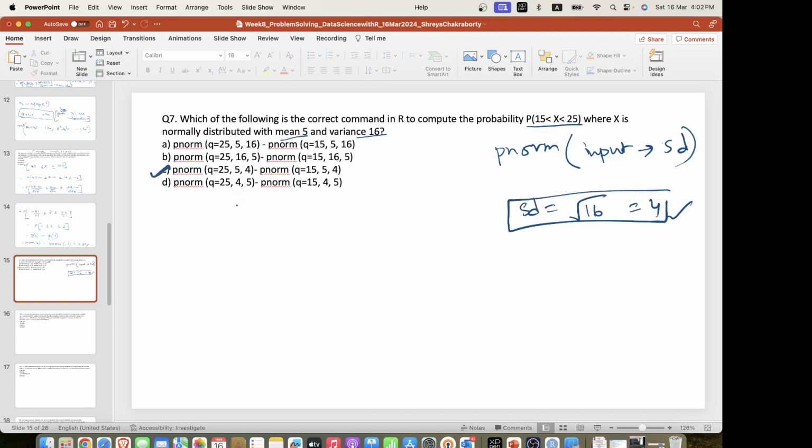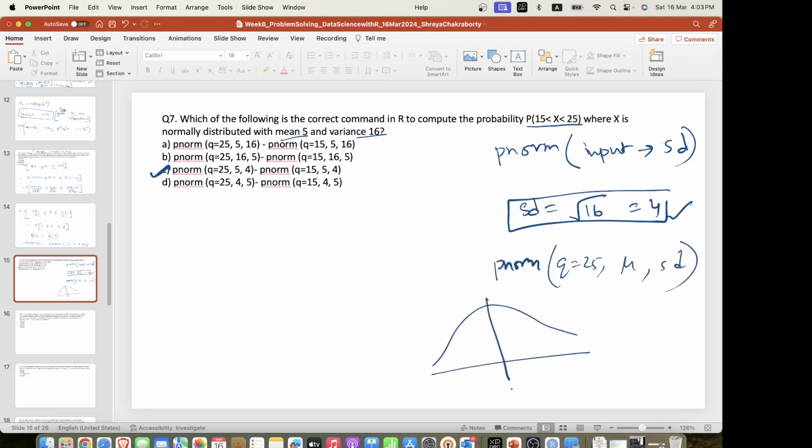Alright, yes. So what we are doing here, we are taking pnorm with q equal to 25, then we give mu, then we give SD. And we wanted this area, if this is centered around 5, we wanted that it falls between 15 and 25, this area.